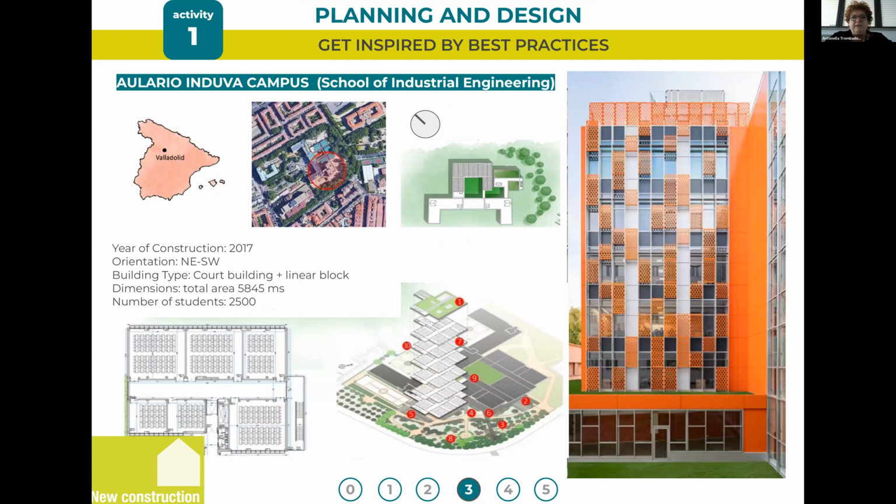Another best practice for us is in Spain, in Valladolid. They optimized the opportunity to have a retrofitting action, investigating innovative material, investigating innovative solutions.